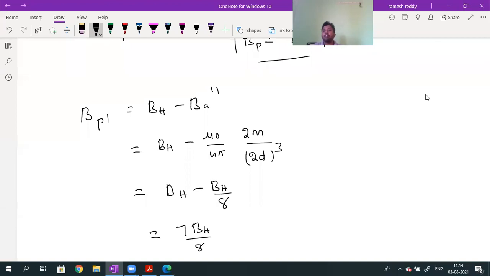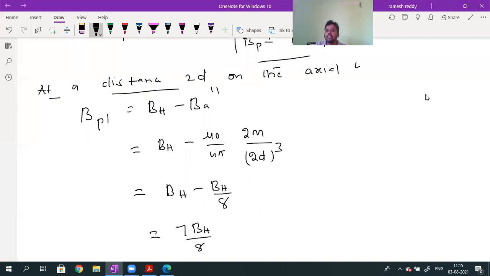But here, is the point P dash on the axial line or the equatorial line? The point P dash is on the axial line at a distance 2D from the center.